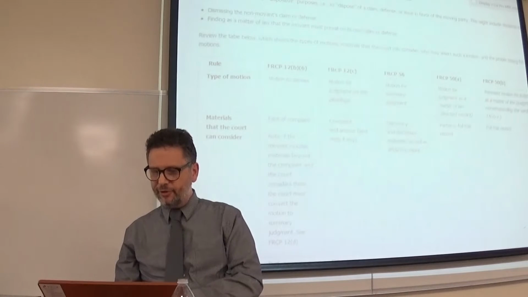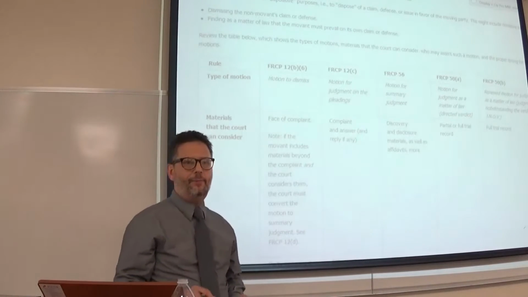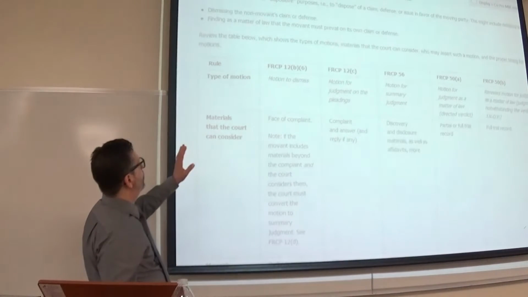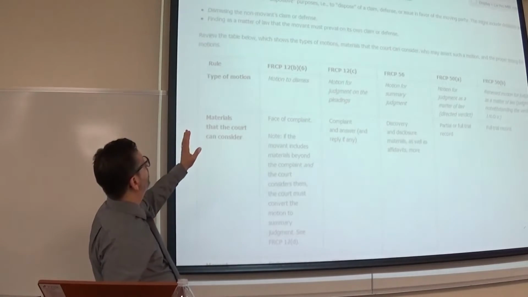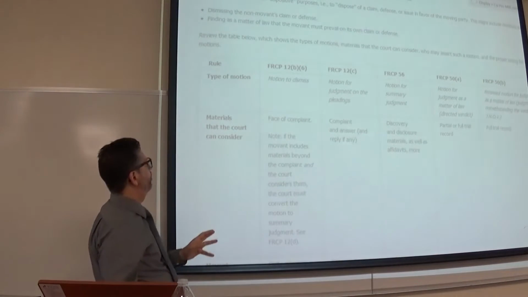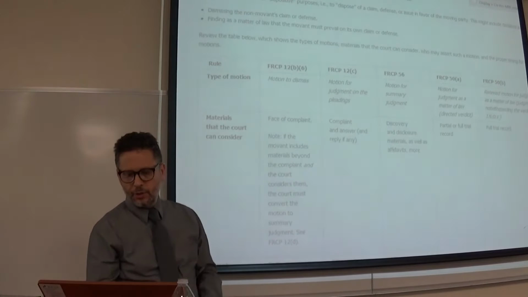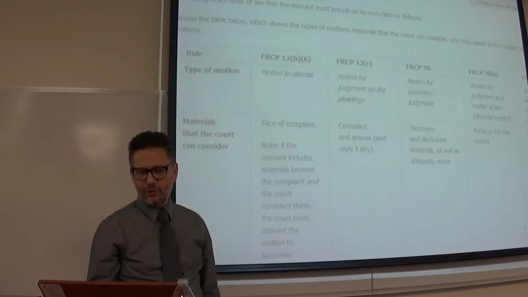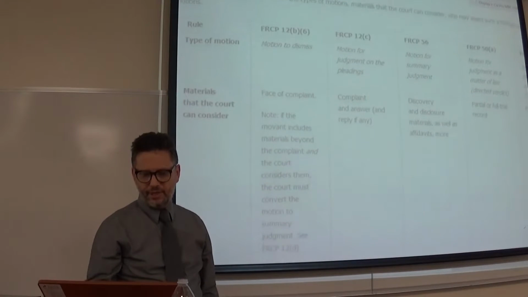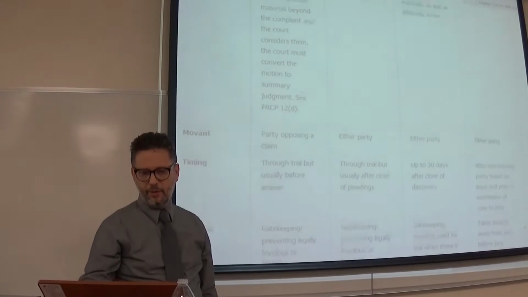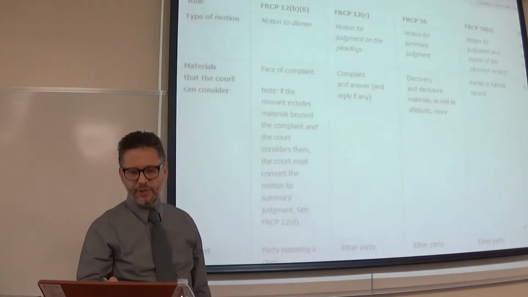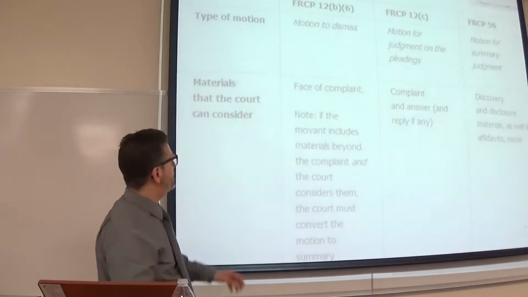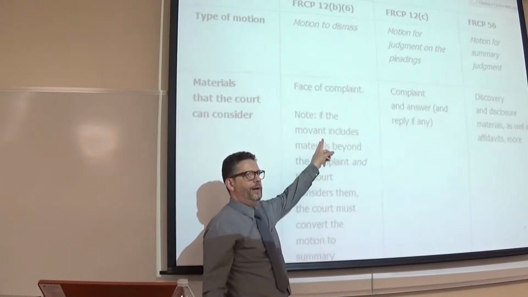To understand the difference between various motions, what you want to do is consider the differences in terms of timing and purpose. So Rule 12b-6, motion to dismiss: materials, timing, purpose. A 12b-6 motion to dismiss, the materials are going to be the face of the complaint, right?